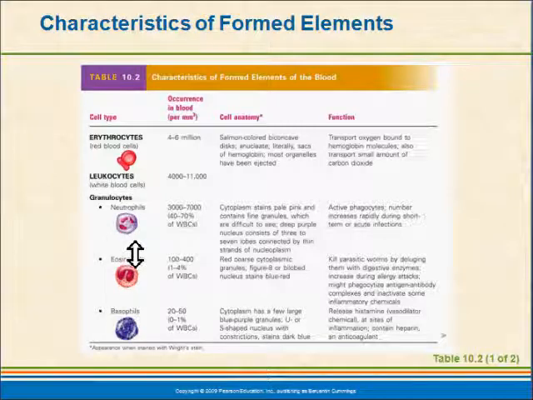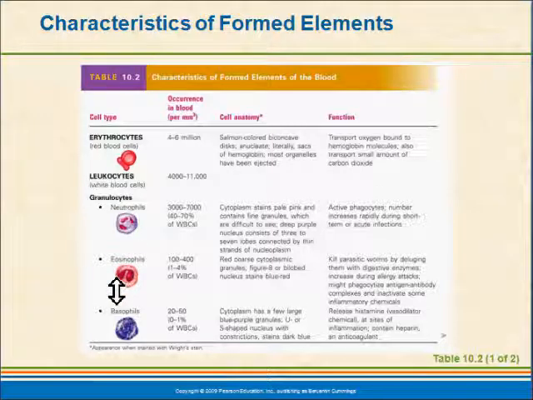The neutrophils, these are phagocytic cells. That is, they go out and eat up things that are foreign. These are in the highest number. These are the first cells to enter the scene when there is tissue damage or an infection.